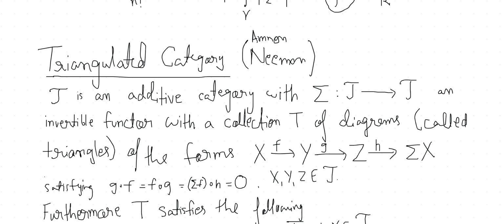And why? First of all, what is a derived category, and why a derived category? Say you're doing these sheaves, right?